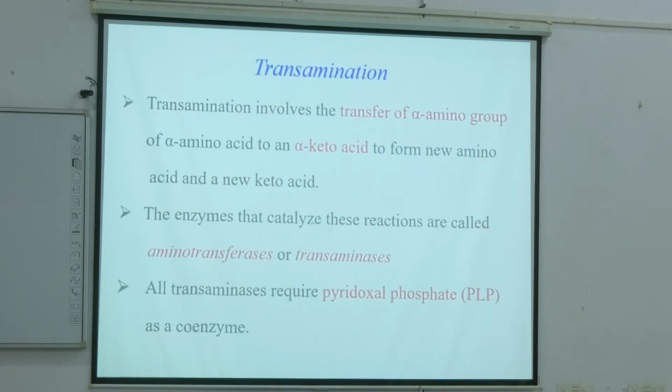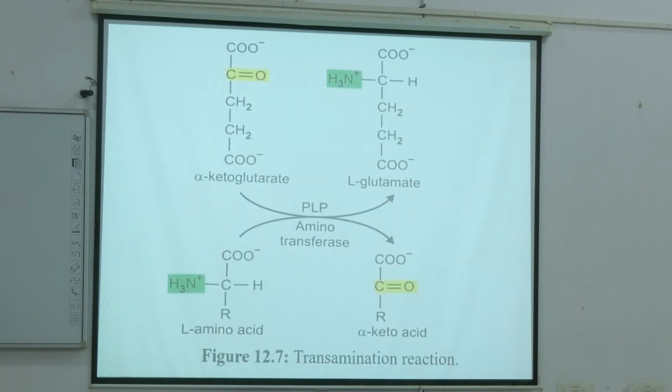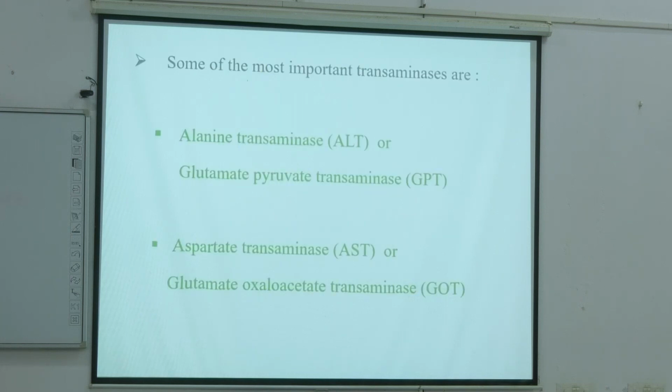For removal, you already know there are two reactions, the transamination reaction and the oxidative deamination reaction. Last time we discussed all of these reactions in detail. There are PLP dependent enzyme reactions. PLP stands for vitamin B6, that is pyridoxal phosphate, which leads to transfer of the amine group from alpha ketoglutarate to form glutamate.